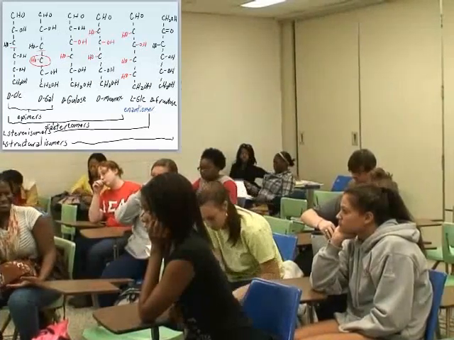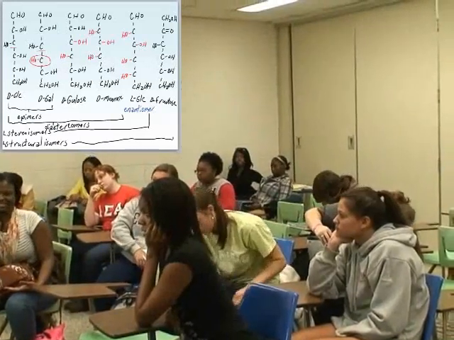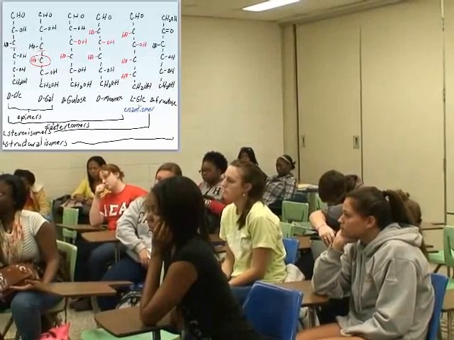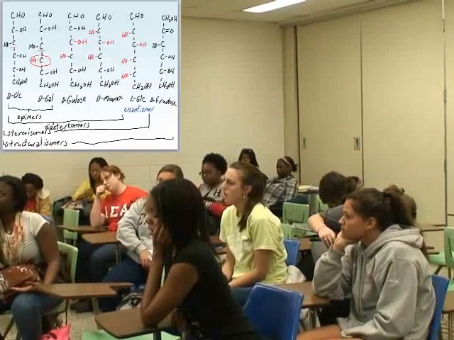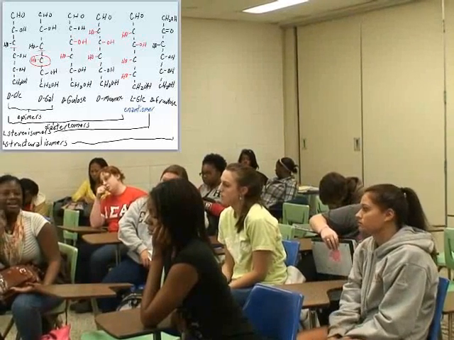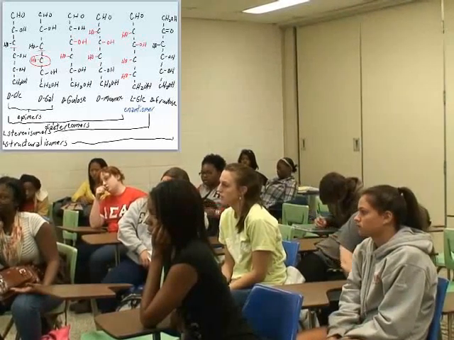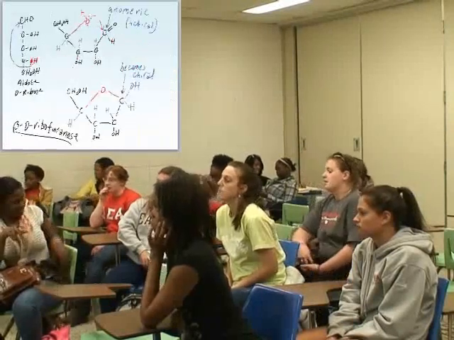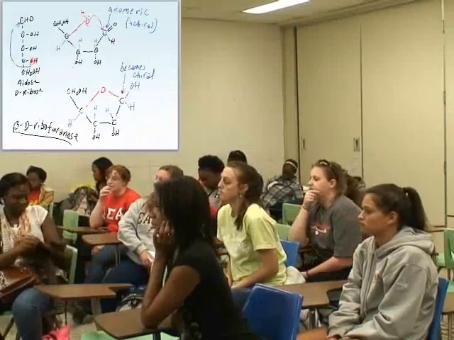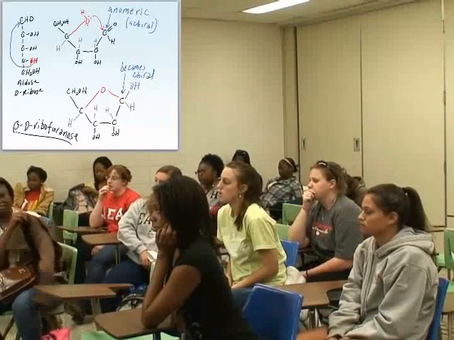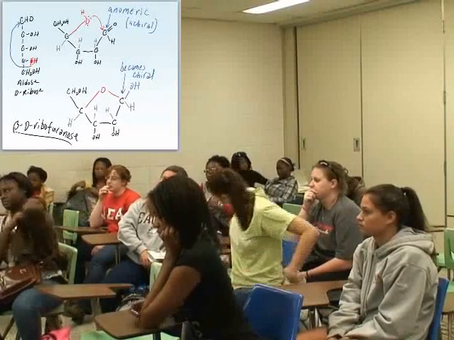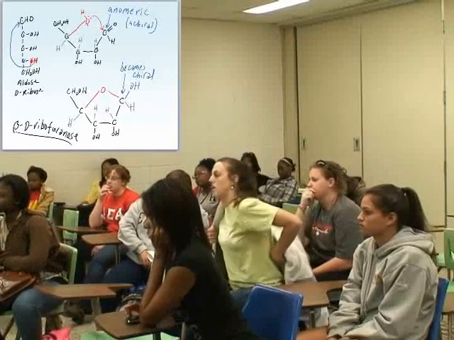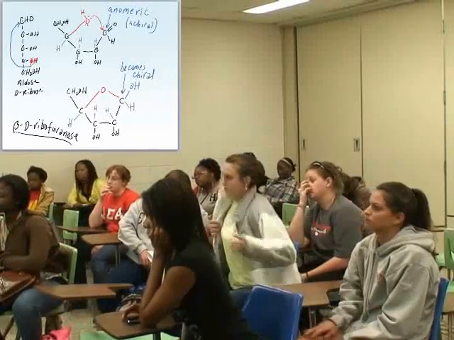What is the general name of stereoisomers that are not enantiomers of one another? What's the name of stereoisomers that are not mirror images? Diastereomers. Very good. The anomeric carbon of the straight chain of glucose.